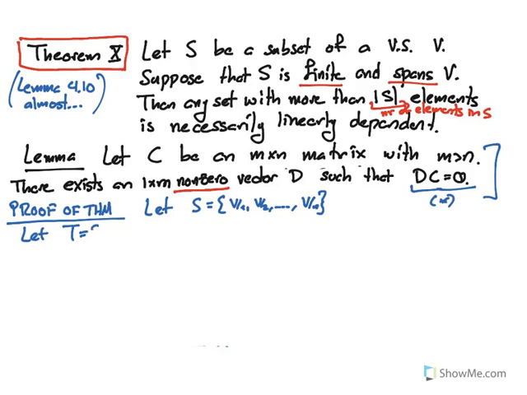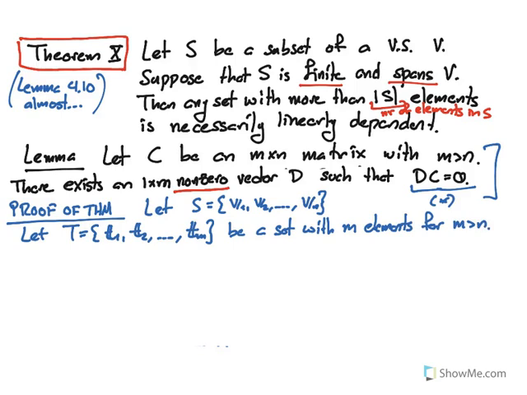Let T1, T2, up to Tm be a set with m elements for m greater than n. Then our claim is that T is necessarily linearly dependent.